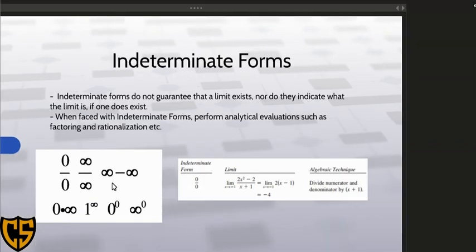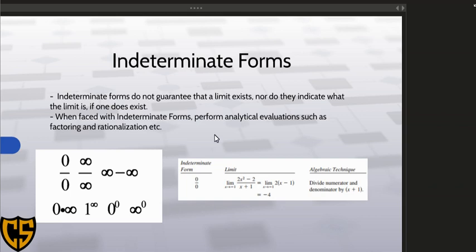So indeterminate forms do not guarantee that a limit exists, nor do they indicate what the limit is, if one does exist. When faced with indeterminate forms, perform analytical evaluation such as factoring and rationalization. So, kung ang imo answer, for example, 0 all over 0 or infinity all over infinity, infinity minus infinity, mga amo na values, we should avoid that if we are dealing with limits. That is indeterminate forms of numbers.